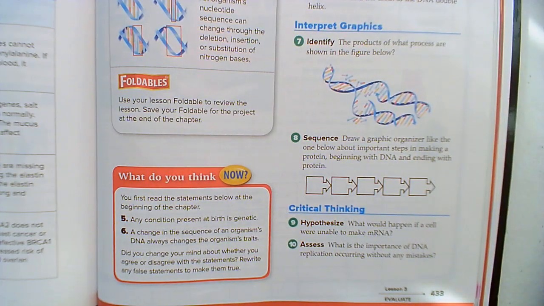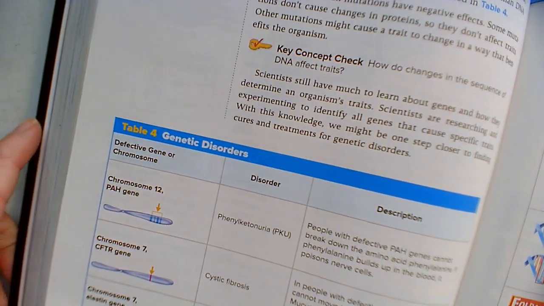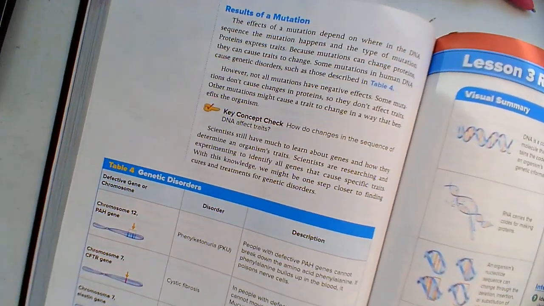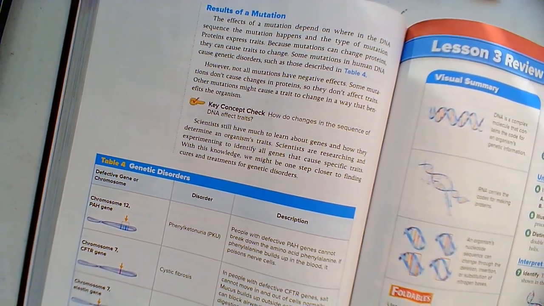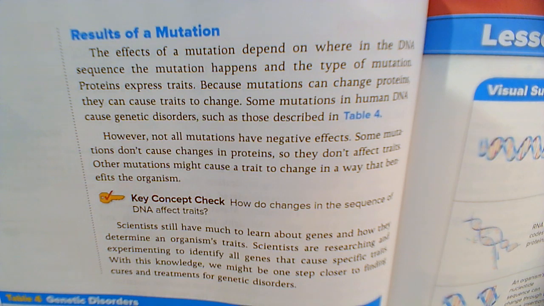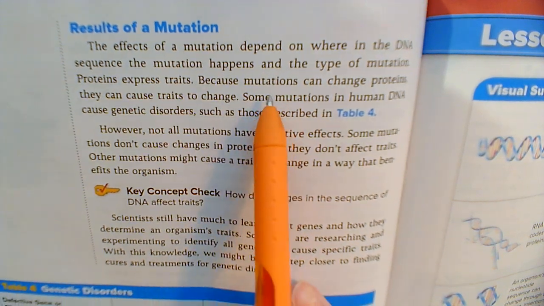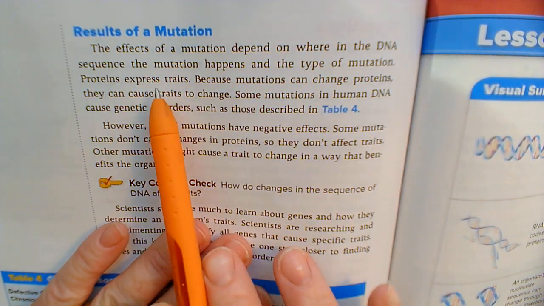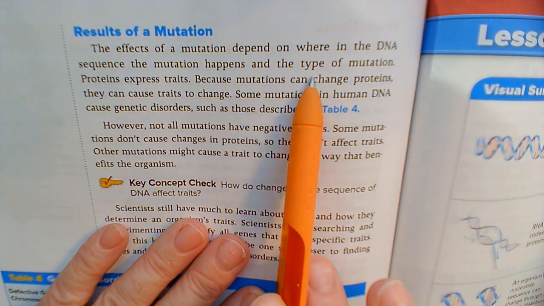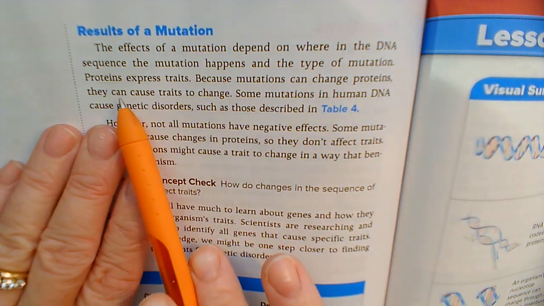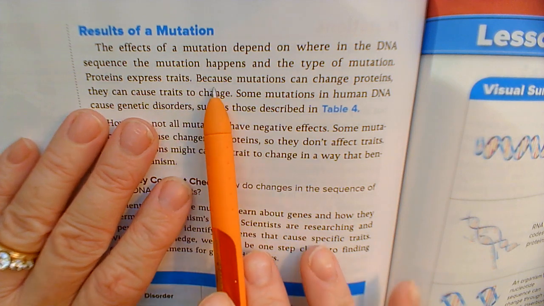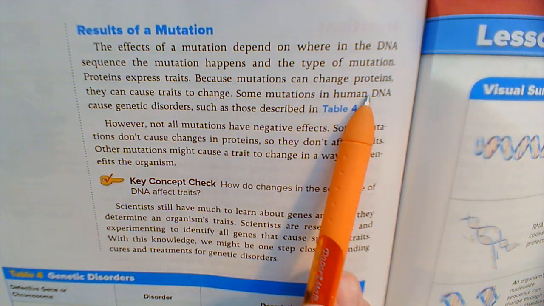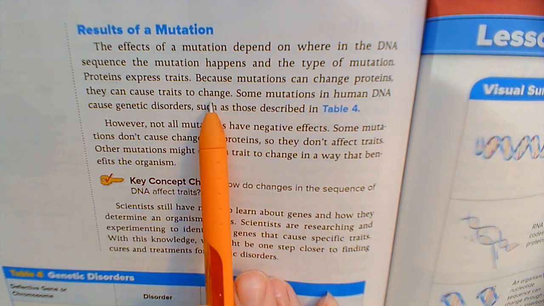Okay. So what are the results of these? The results of a mutation. The effects of mutation depend on where in the DNA sequence the mutation happens and the type of mutation. Proteins express traits. Because mutations can change proteins, they can cause traits to change.